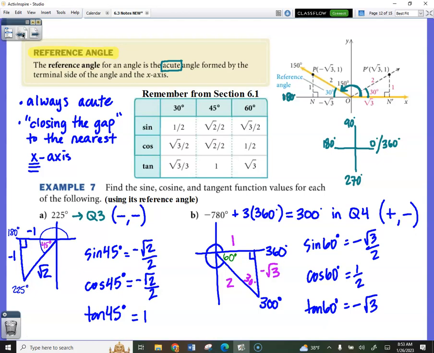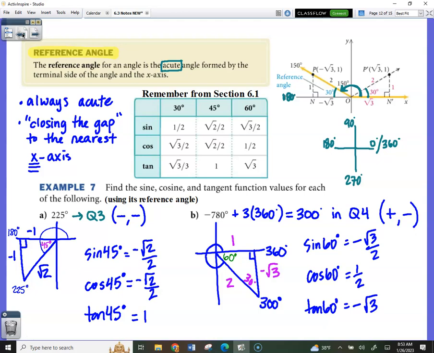Just a reminder, keep the goal in mind. The goal is to get the angle down to a reference angle. The reference angle is one of 3 choices, 30, 45, or 60, because that chart tells us the trig values of those angles.